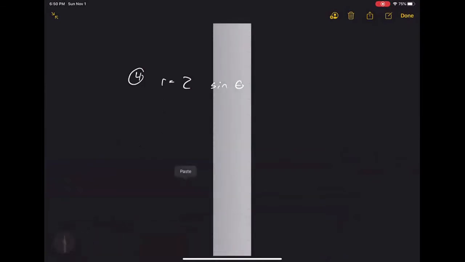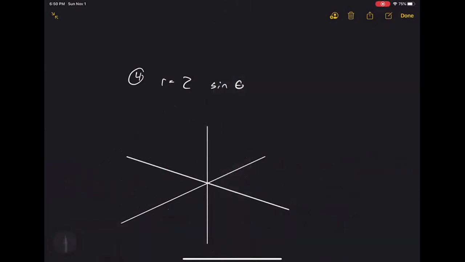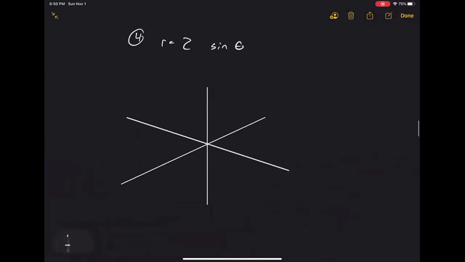Now that I'm looking at this again, it's all starting to come back to me. Okay, so r equals 2 sine theta. Let's confine ourselves to that horizontal plane.